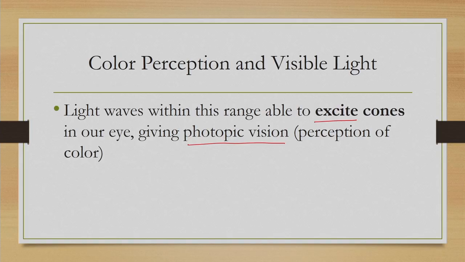So, these frequencies that are part of the visible light can excite the cones, which gives the perception of photopic vision or colored images. That is why we are calling this visible light. Light waves that fall outside this spectrum do not have this property.